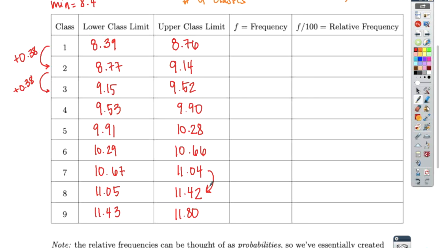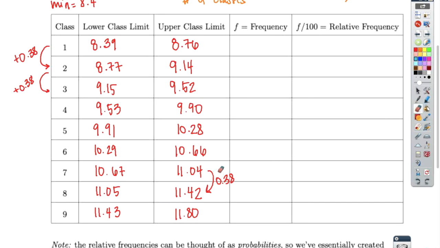And what you're going to find is there's a 0.38 difference. Actually, there's that class width again. So another way to do this is just to take this value, 11.42, and again add that 0.38 class width, and you'll find that next upper class limit.